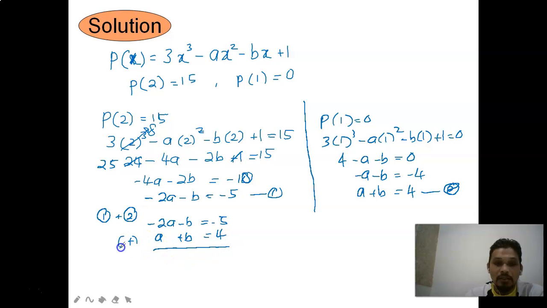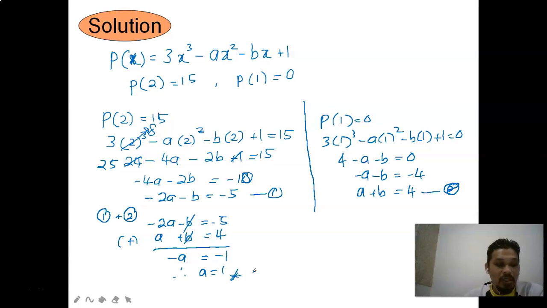Adding, negative b plus b equal to 0, negative 2a plus a equal to negative a, negative 5 plus 4 equal to negative 1. So then a equal to 1.